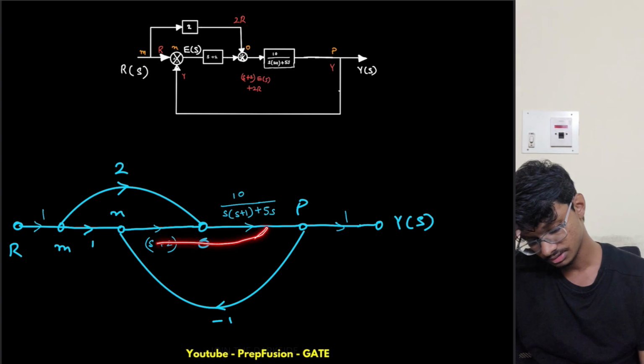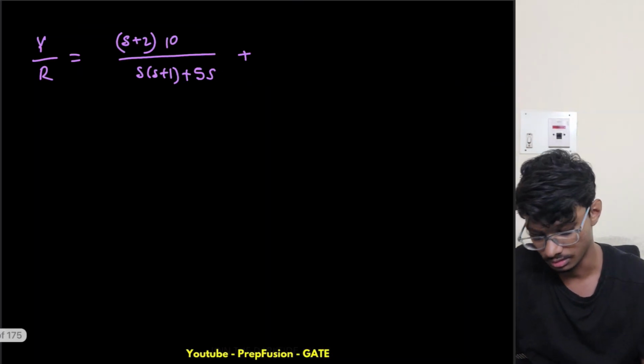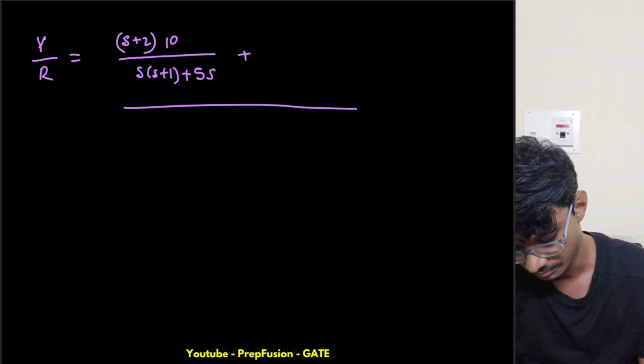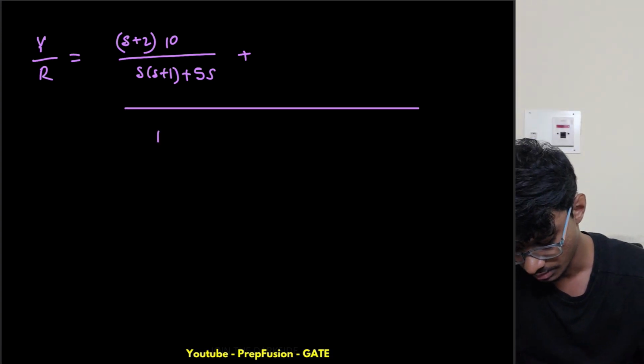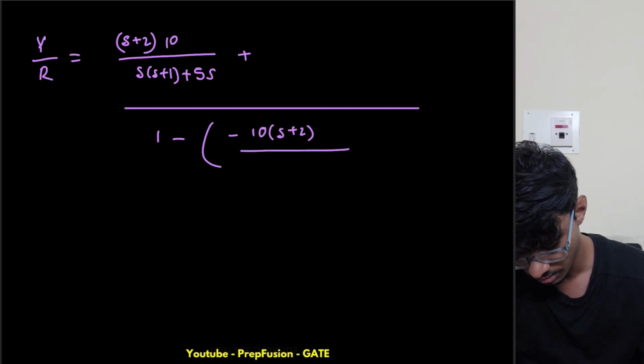This is the same multiplication but with a minus sign as the numerator multiplication. This is minus 10 into s plus 2 divided by s into s plus 1 plus 5s.